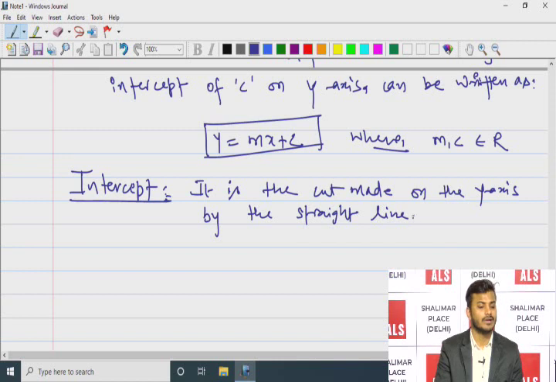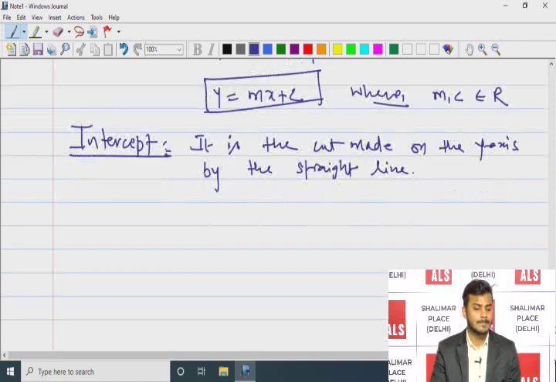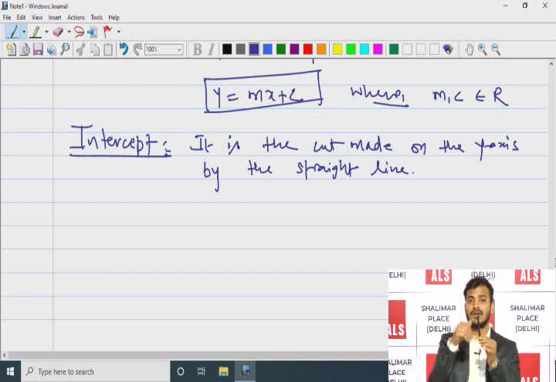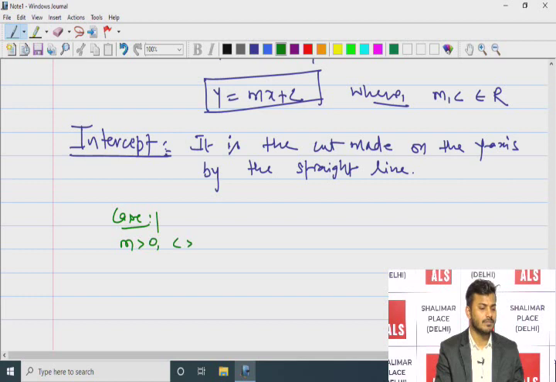That means if the c value is positive, it has a positive intercept. I mean it is being cut at the positive side of the y-axis, right? So here are different cases on the basis of m and c values. Case 1, m positive, c positive.